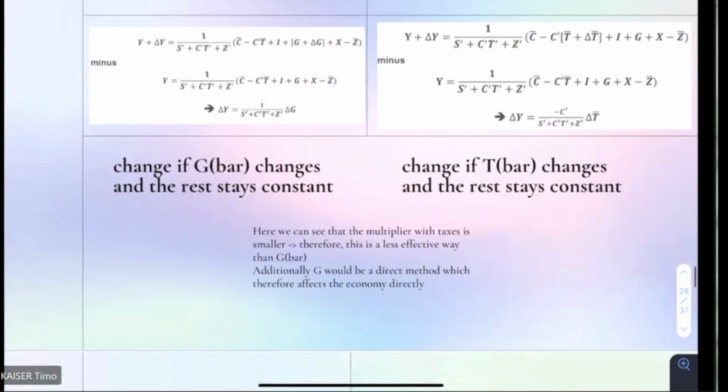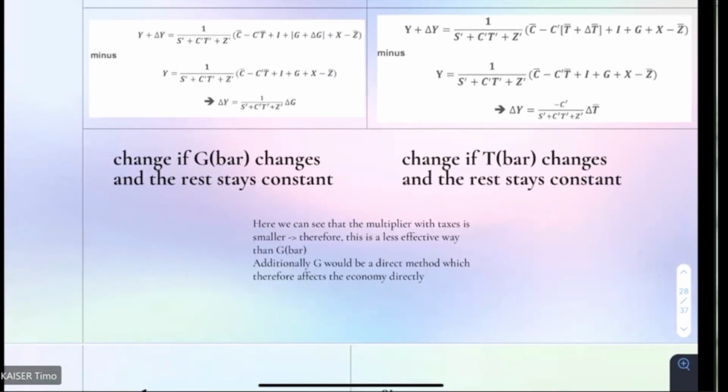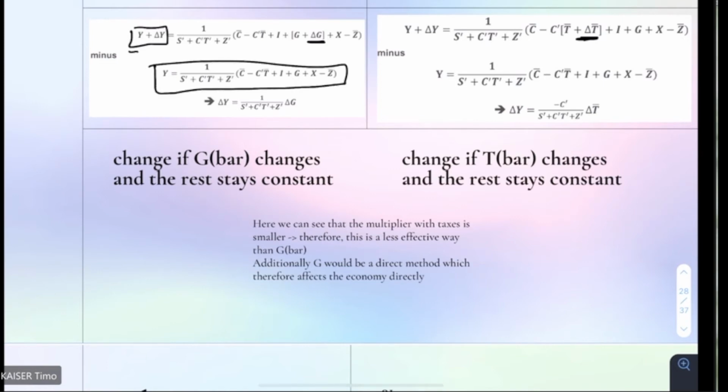But now, how do we get our multiplier, which is quite more interesting and more important to know? The multiplier will be found like this. You take the GDP plus the change in GDP that will happen due to a change in government expenditure. In the left example here, we would have the change in taxes. And then we subtract the original equation with the GDP.